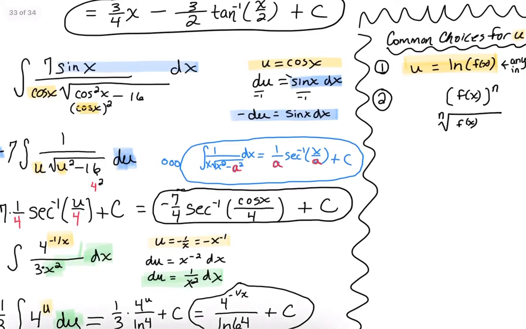So in these situations, our choice for u is really what is inside of those powers. That's probably our most common, where we started, letting u equal something that is inside of outer powers.